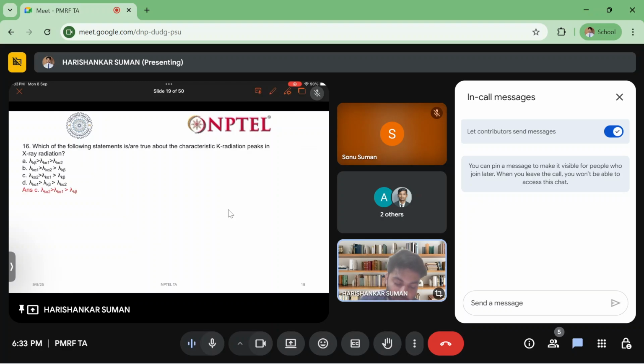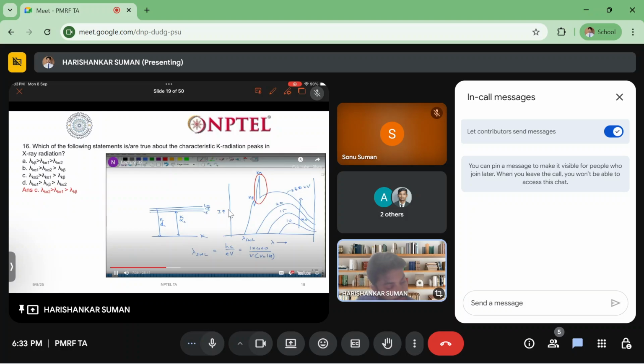So, check your answer now. C will be the answer. First, the wavelength is K alpha 2, then, with energy just reversed, K alpha 1 and then K beta.